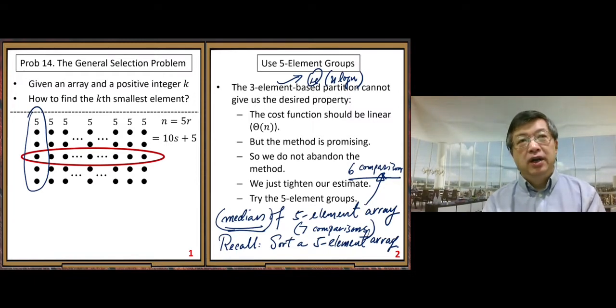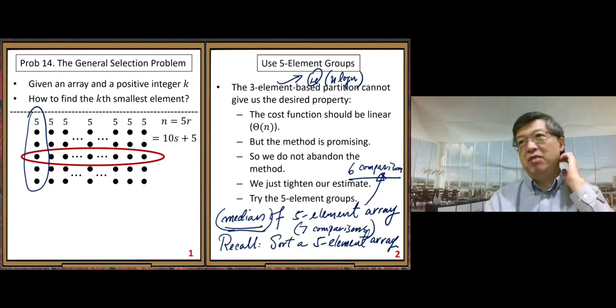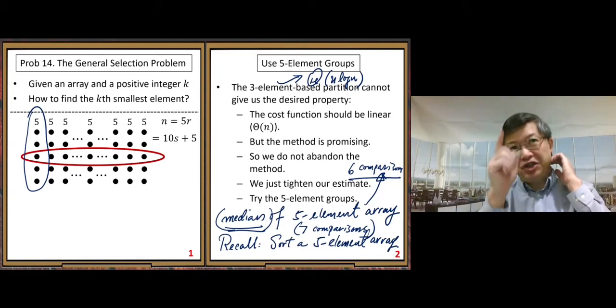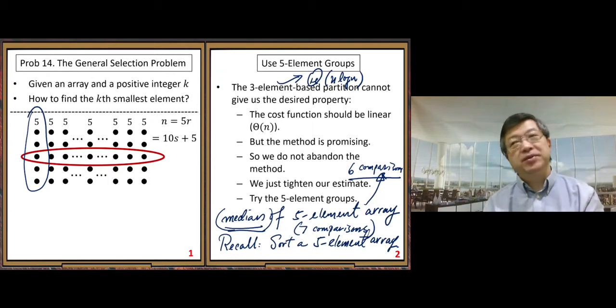Later, when I have time, I will explain how to solve this problem, finding the median of a 5-element array in 6 comparisons. The method is also very smart, using the elimination method. It's a very good example.